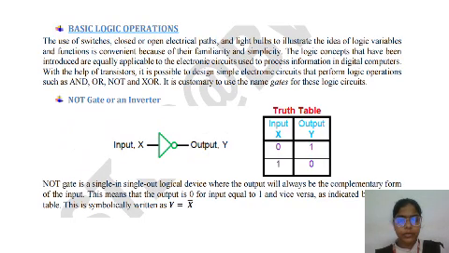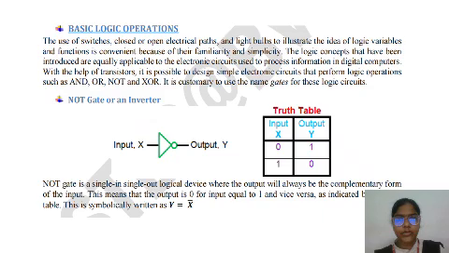For example, the basic logic operations use switches, closed and open electrical paths, and light bulbs to illustrate the idea of logic variables and functions, which is convenient because of their familiarity and simplicity. The logic concepts that have been introduced are equally applicable to the electronic circuits used to process information in digital computers.